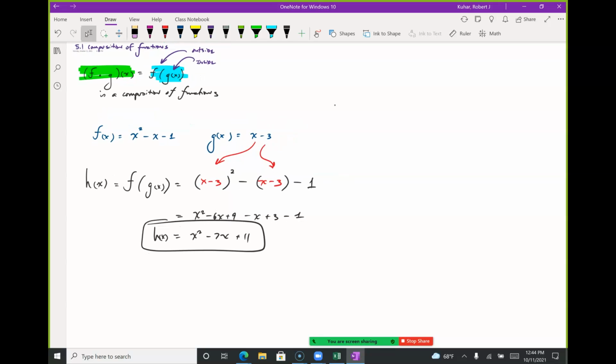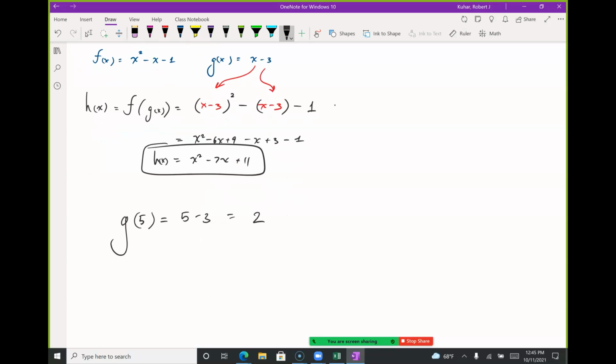But I want to take a look at something. So for example, let's find g of 5. What do I get when I plug in g of 5? I get 5 minus 3, that's 2, right? So I start with my input as far inside as I can. So now my output is 2, but that's what I'm going to put into f. And what do I get? 2 squared minus 2 minus 1.